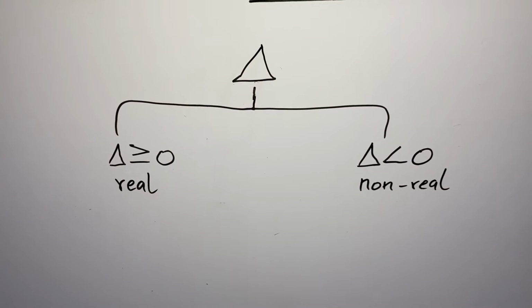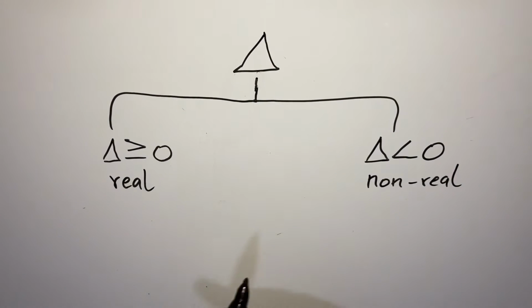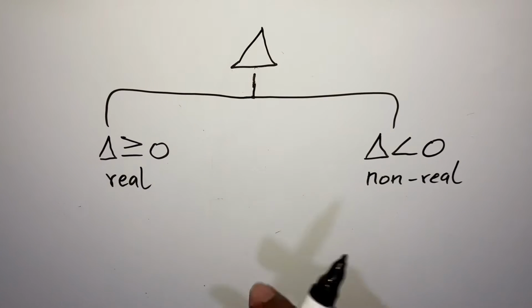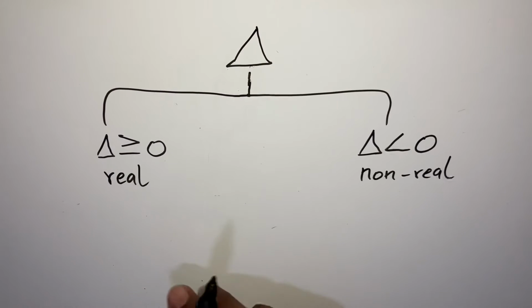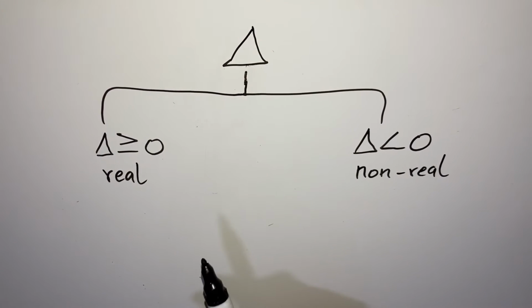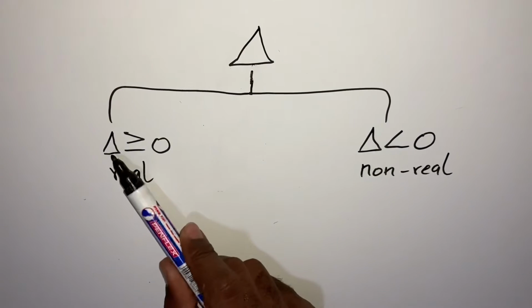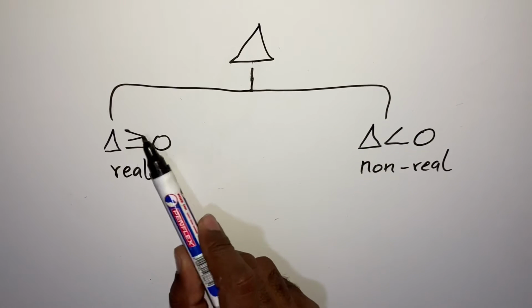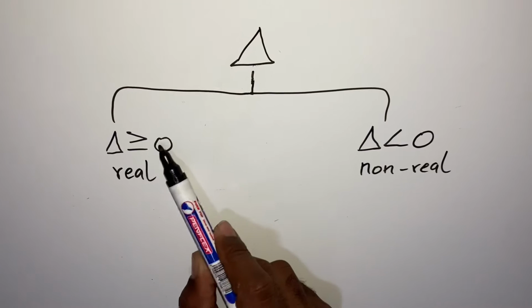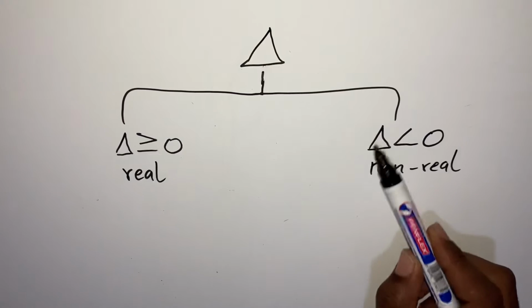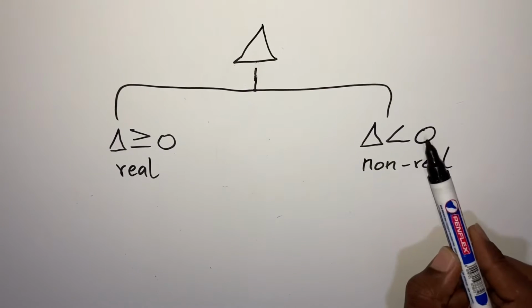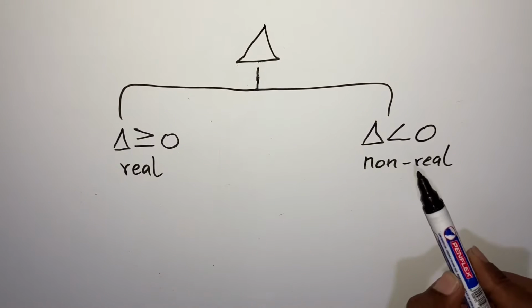So the questions you'll find, they'll give you an equation, and then the instruction is to discuss the nature of a root. Then you'll have to find your delta. After finding your delta, if it's greater than or equal to 0, your comment will be the roots are real. If you find your delta being less than 0, your comment will be non-real.